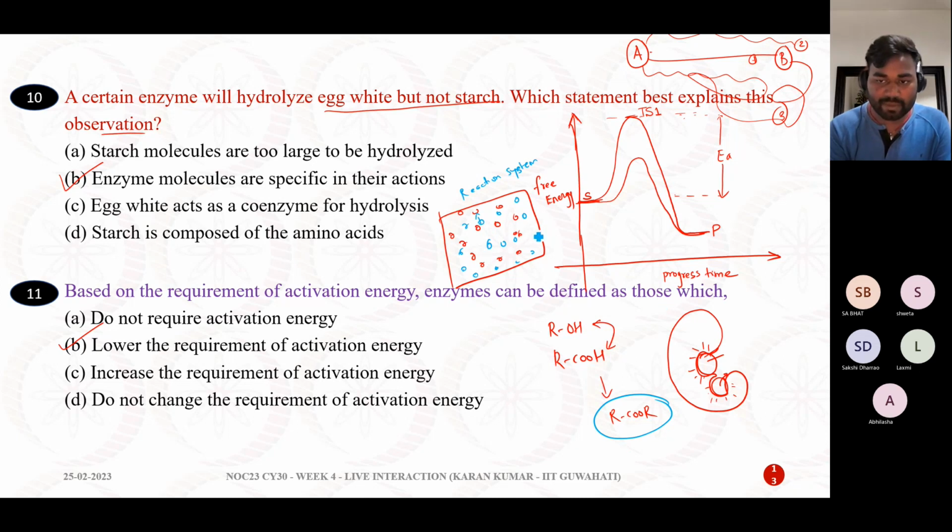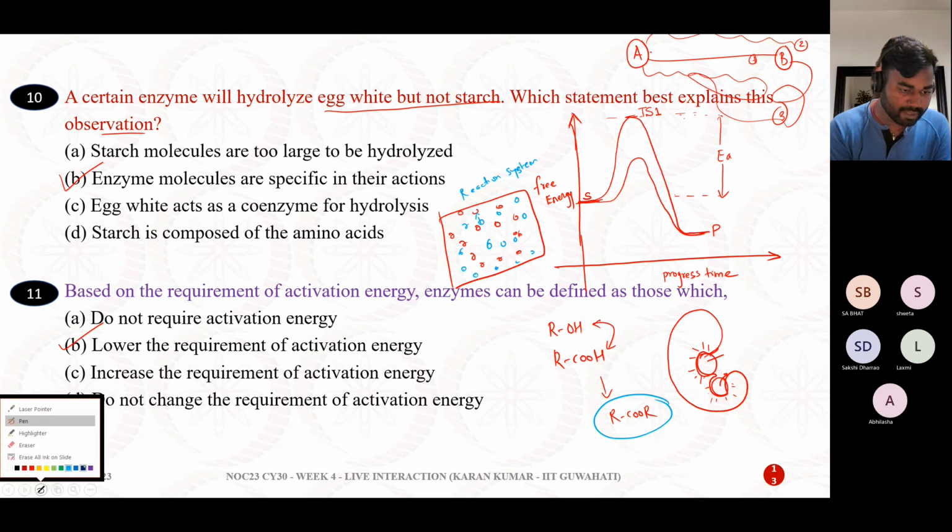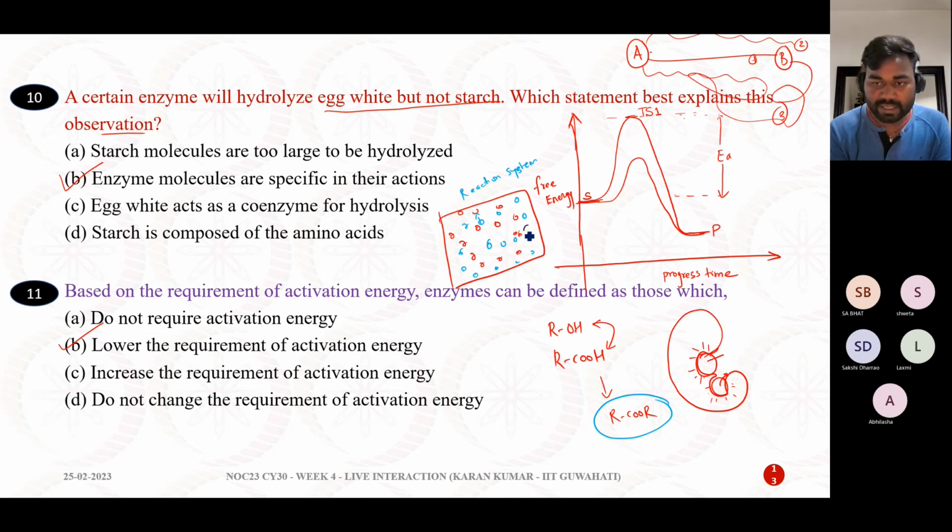But in case of enzyme, let me represent the enzyme by a different color. Let us say you have an enzyme in this system, and it has a site for both substrates. These two substrates will bind to its active site, and the enzyme will bring the two reactants much closer, so that the collision is fruitful in many more cases.